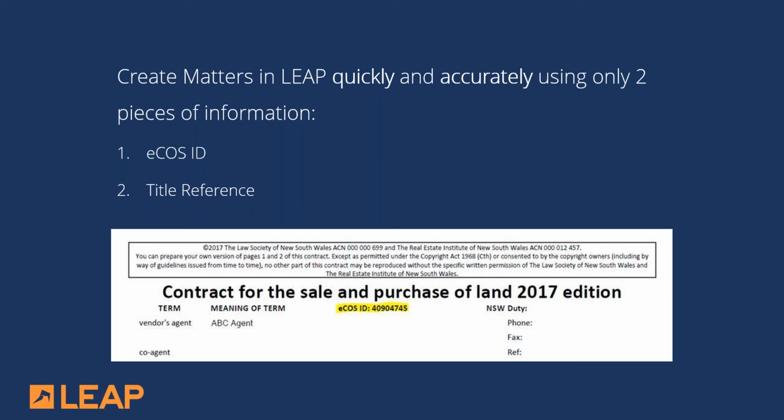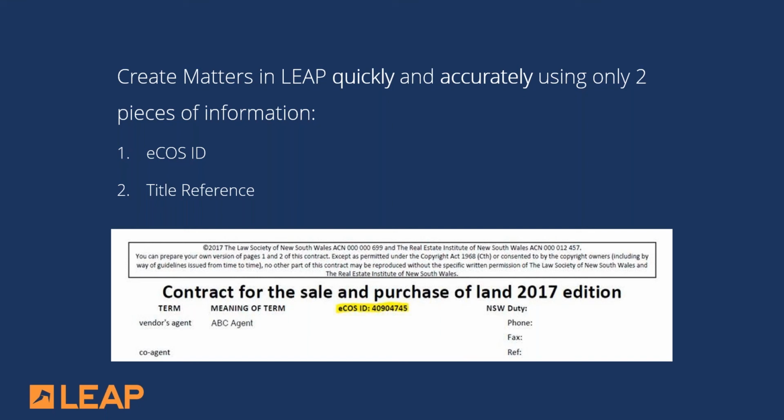Today we're going to be looking at an exciting innovation to LEAP that allows you to quickly and accurately open a new matter in LEAP using an eCOS ID by InfoTrack. The eCOS ID allows you to create a matter in LEAP based on the information that has been entered by the vendor solicitor when creating the electronic contract via InfoTrack.